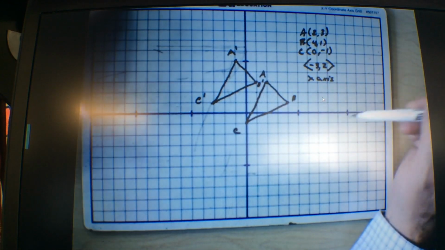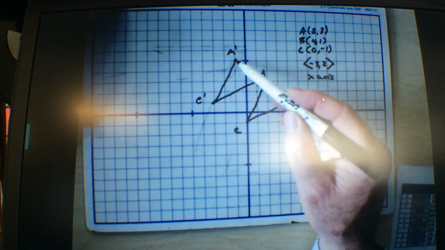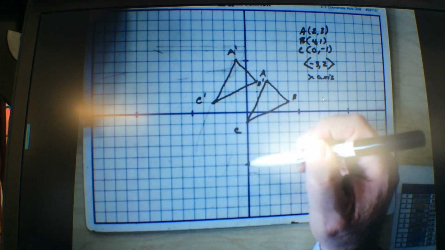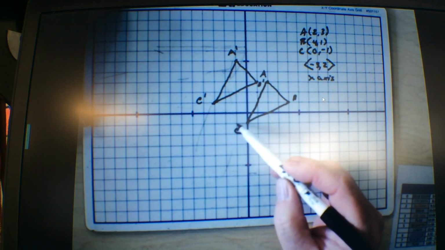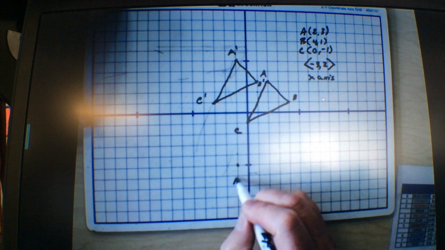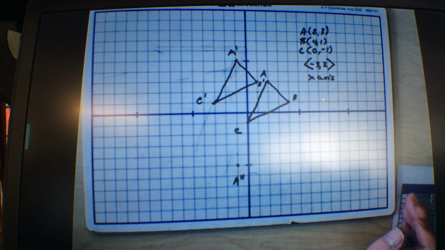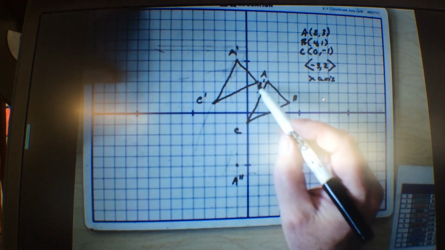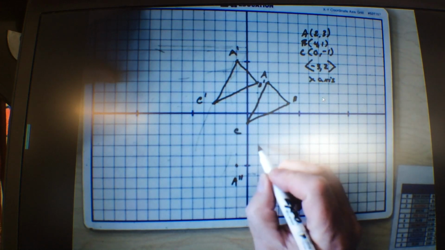So now we're going to reflect it over the x-axis, which is this axis right here. I'm going to move A prime to it and then away from it. So 1, 2, 3, 4, 5. And we're going to call this A double prime because it can't be A prime, can it? Then I take B and go 1, 2, 3.